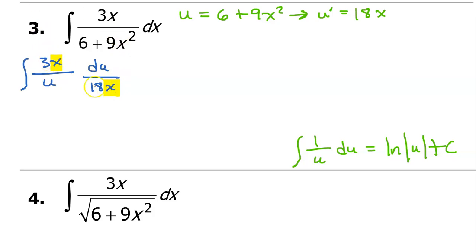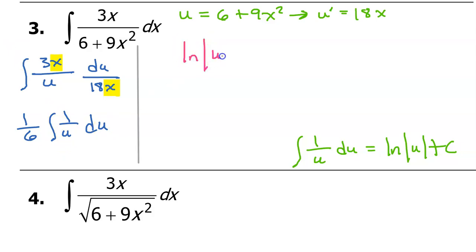Also notice that we have 3 over 18, which is 1 over 6, which we can put in the front. So now we have the integral of 1 over u du. So here's where this memorized rule comes in. The integral of 1 over u du is going to be the natural log of the absolute value of u plus c.